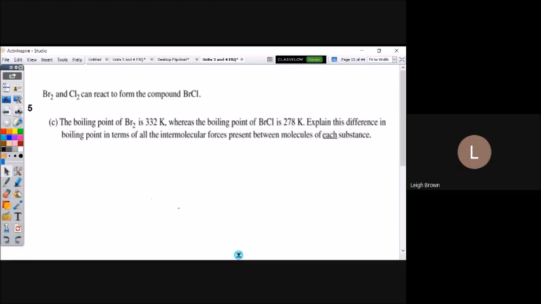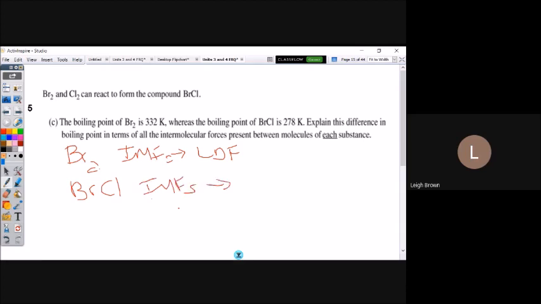Okay, so here, when I do this problem, you're welcome to write in a beautiful paragraph, but I like to just use bulleted points. Okay, Br2, IMFs, and then I would list, or just LDFs. Okay, BrCl, it's IMFs.